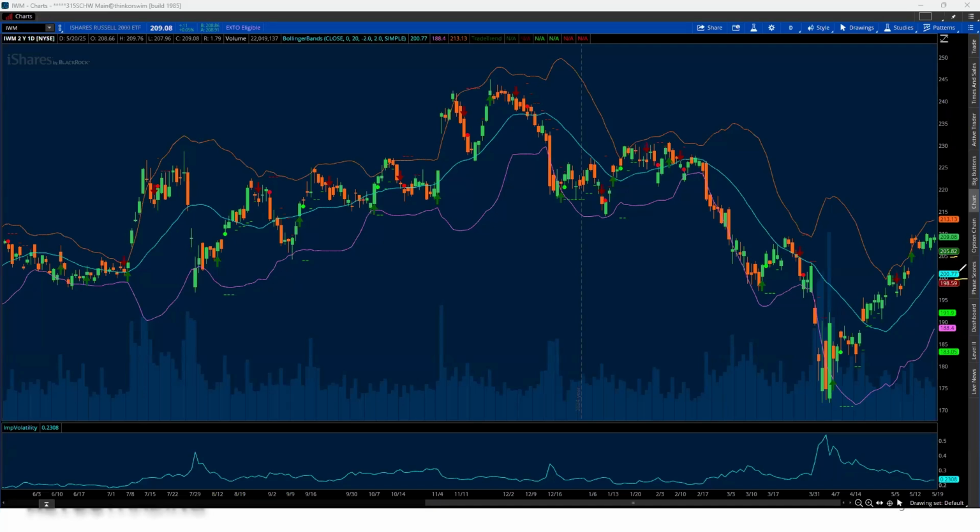So this position was adjusted into an iron condor for a $1.61 credit. Okay. So if you'll recall, it was put on for a $45 credit, debited at $1.55.